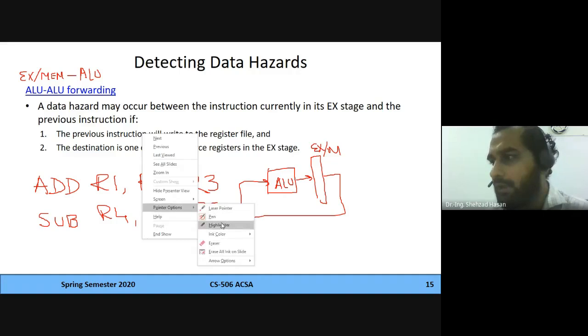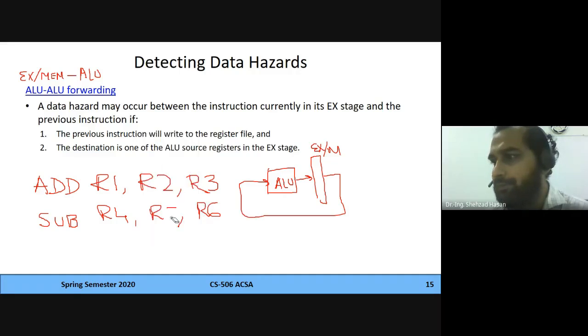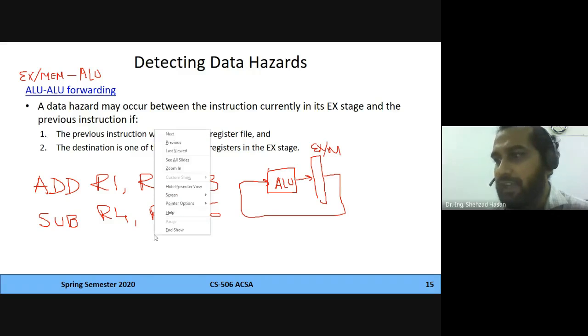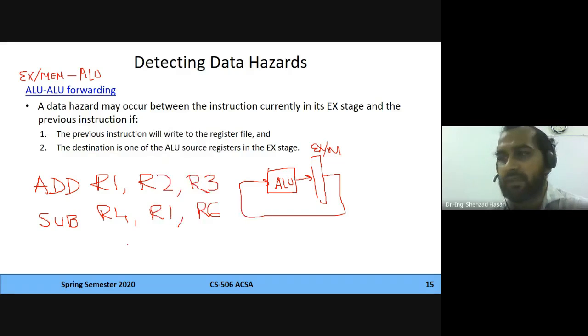So what I need to do now is change this R5 to R1. Now there's a problem over here, the same problem that we have discussed. The add instruction is going to move to the memory stage when the subtract instruction is going to come to the execution stage.